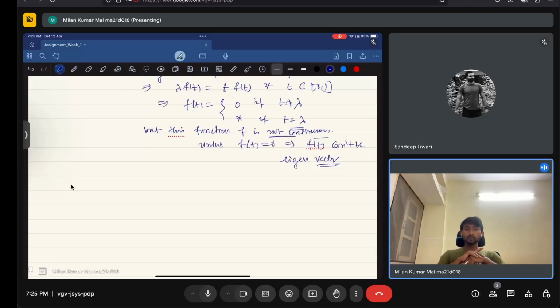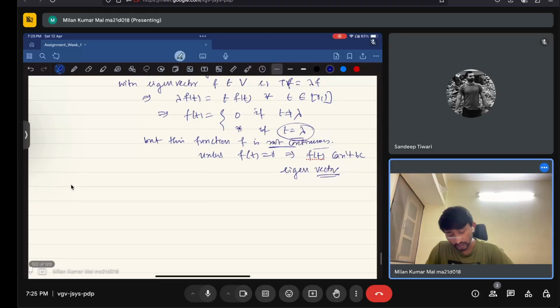But if it is non-zero, there must exist a neighborhood around lambda where the function is non-zero. But there is no other point except this point, so there is no neighborhood. Neighborhood means it should contain an infinite number of points. Therefore, the first one is wrong.